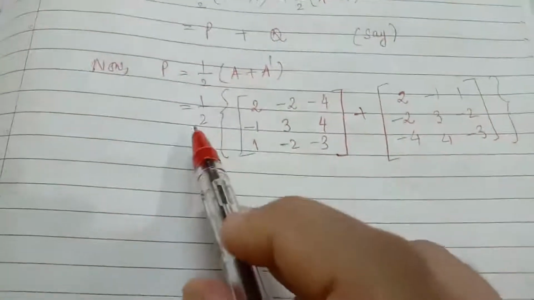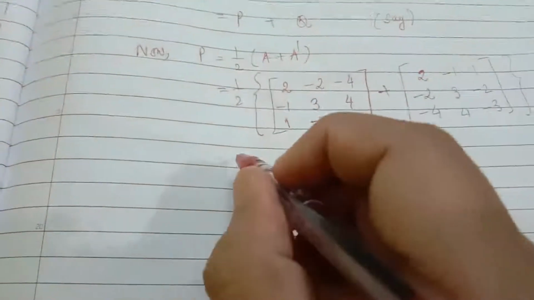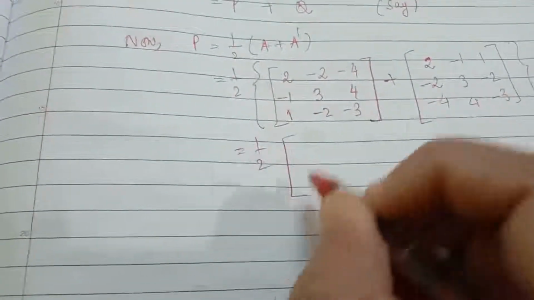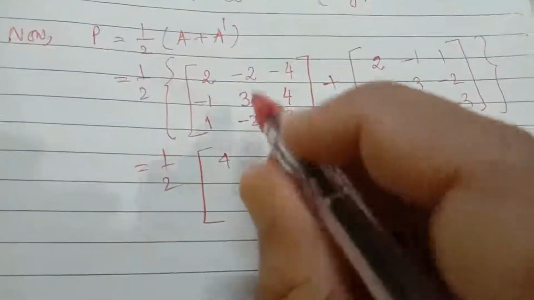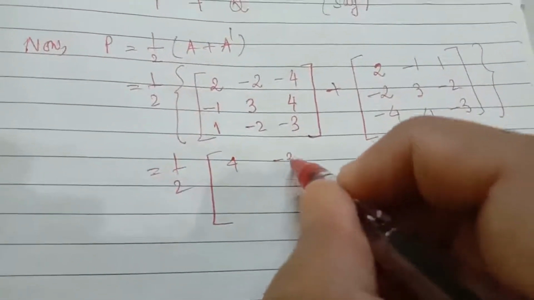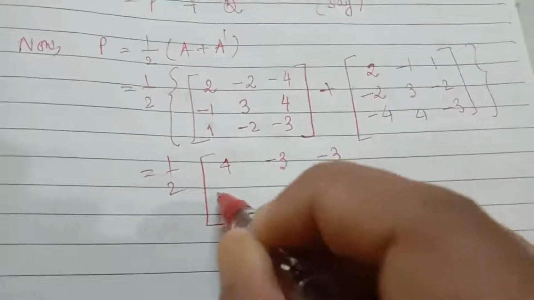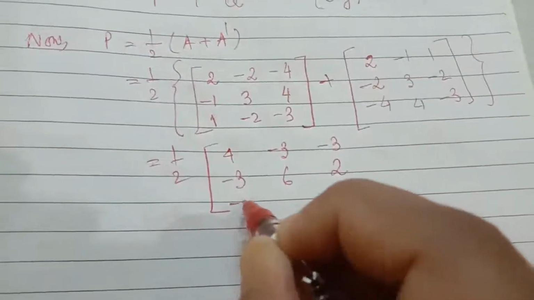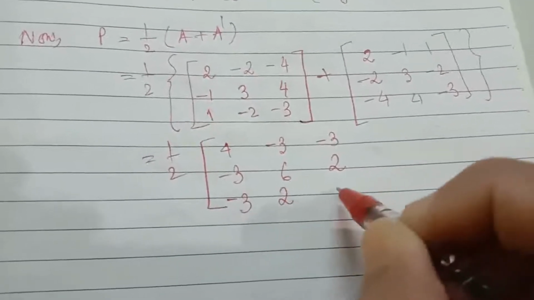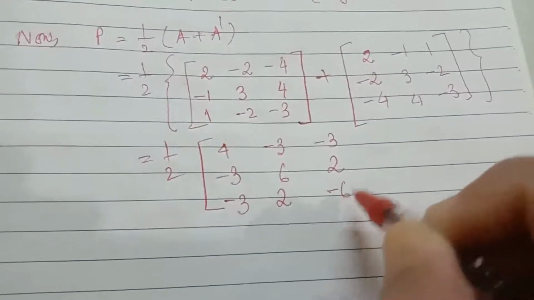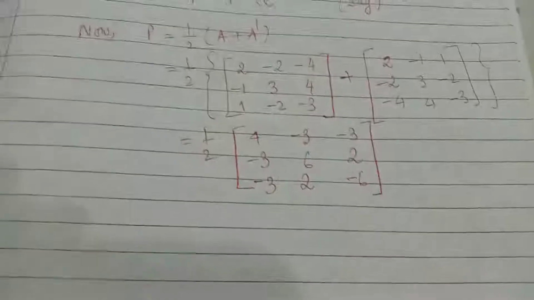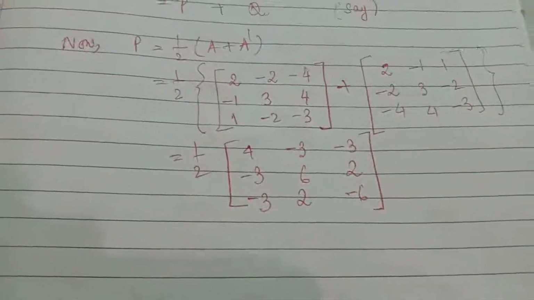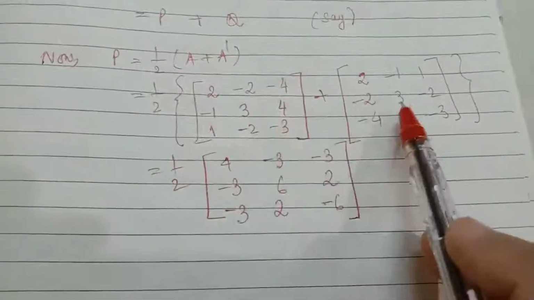This is half into matrix A plus A dash. Now adding these two, 2 plus 2 is 4, minus 2 plus minus 1 is minus 3, minus 3, minus 3, 6, 2, minus 3, plus 2 and minus 6. This is this plus this matrix.